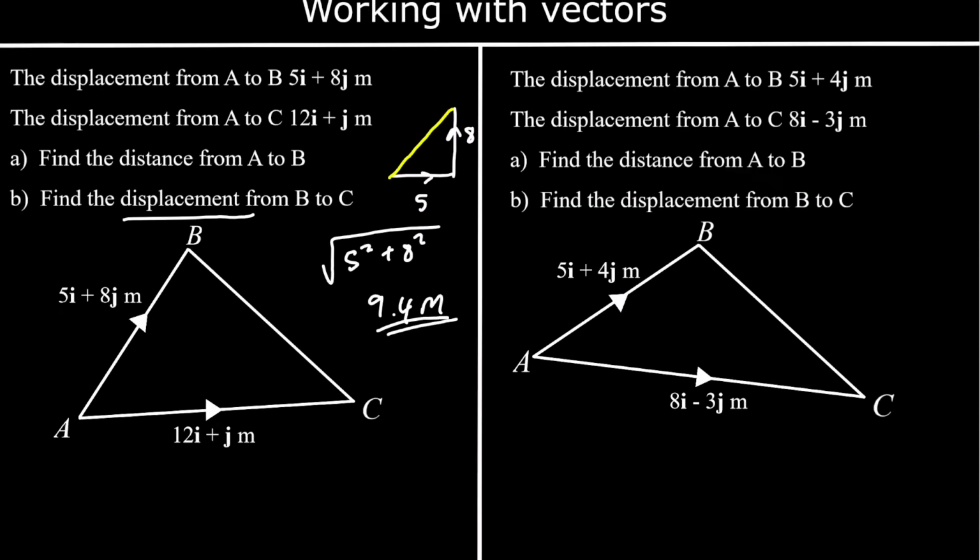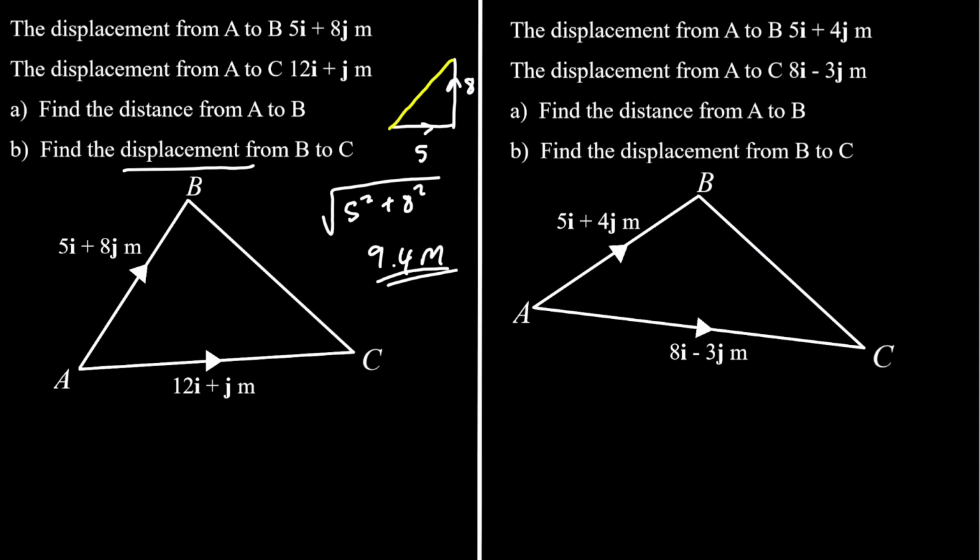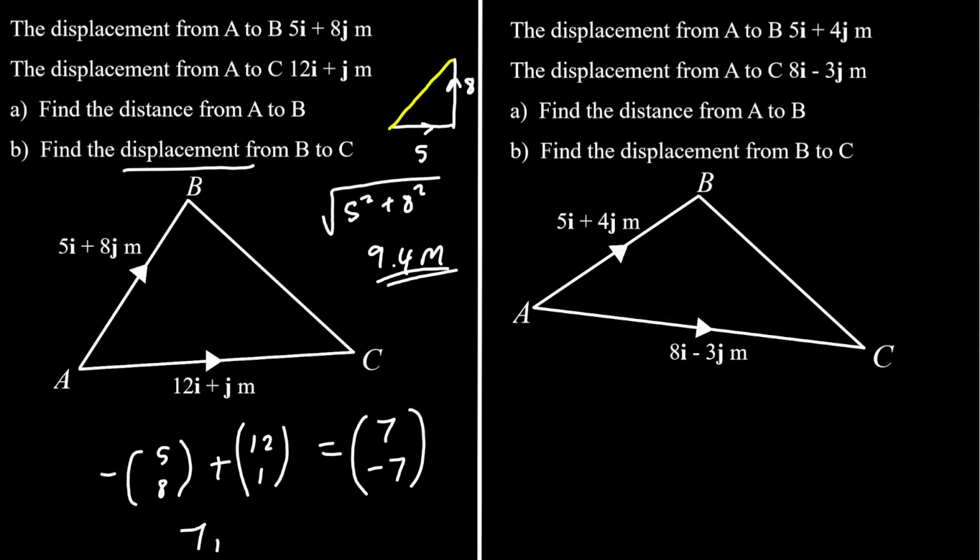We can go backwards along A to B, and then forwards along A to C. So it can be minus 5i plus 8j plus 12i plus 1j. So minus 5 plus 12 is 7. Minus 8 plus 1 is negative 7. So it's 7i minus 7j.